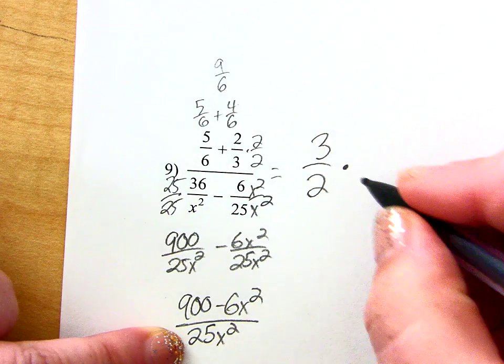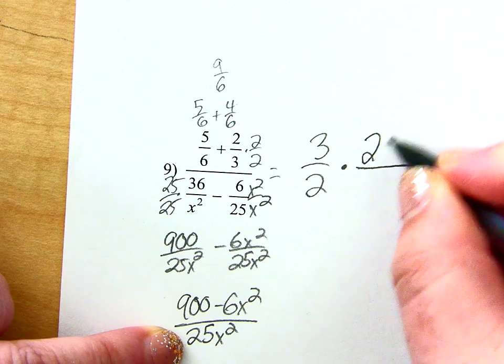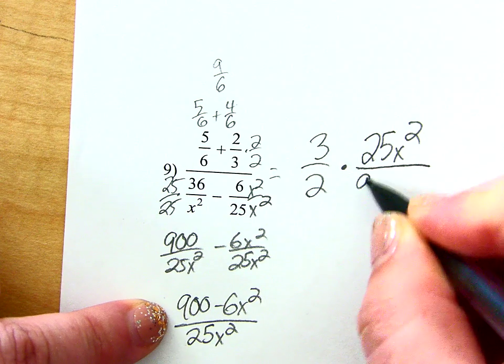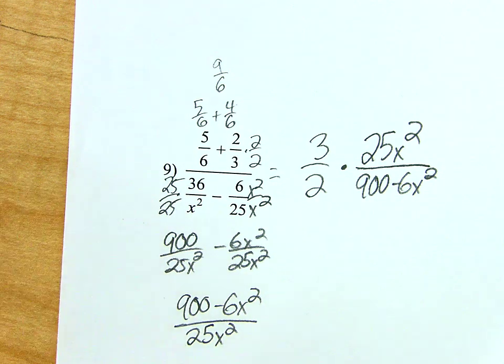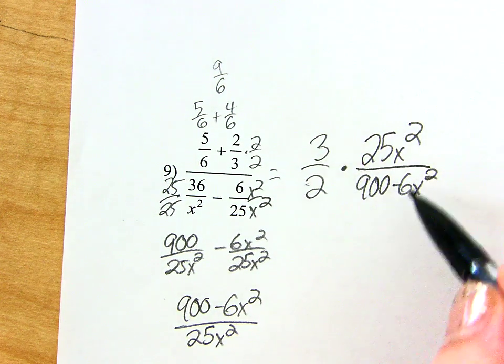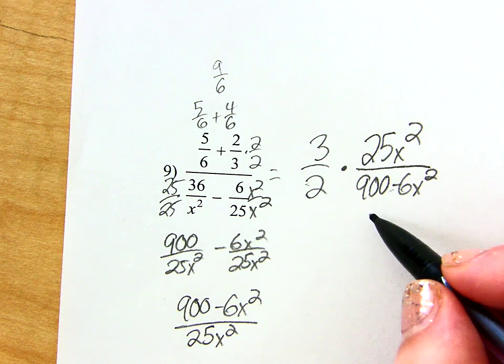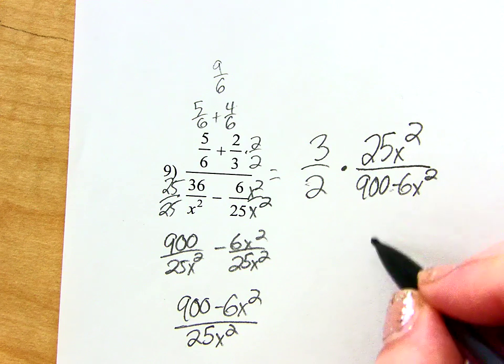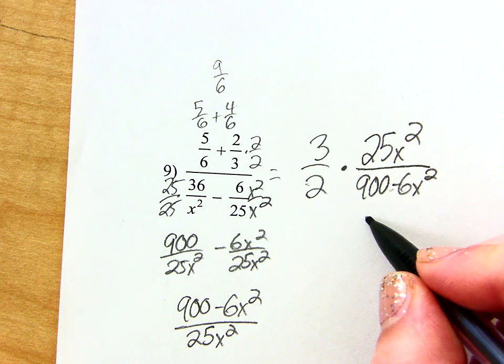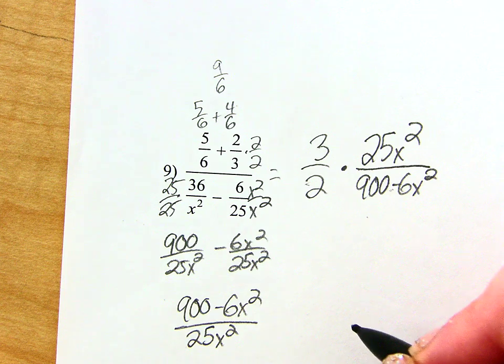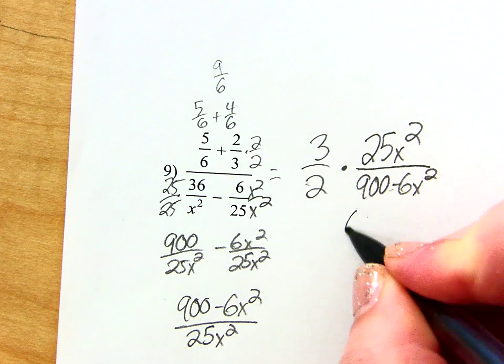So now I can go ahead and multiply by the reciprocal. And now it's a multiplication problem. So let's see, nothing to factor here. There is something to factor here. I can take out a 6. In fact, I'm going to take out a negative 6. Well, maybe not. All right, let's just take out a 6.